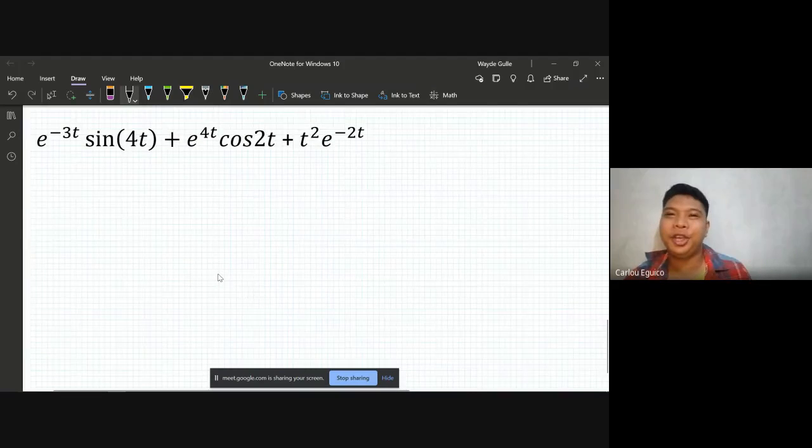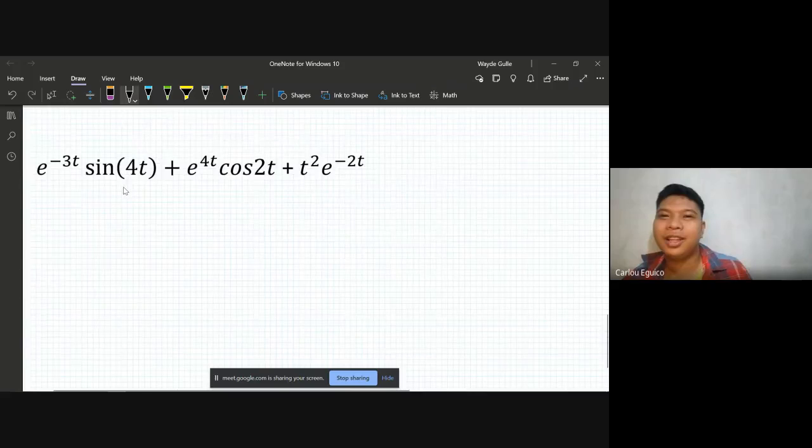So we have here e raised to negative 3t sine 4t plus e raised to 4t cosine 2t plus t squared e raised to 2t. First we're going to break down the values of our e. For the first polynomial, our a is equivalent to negative 3, so our s is s plus 3.